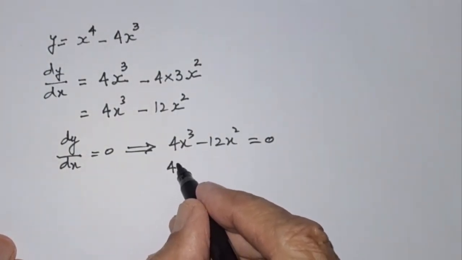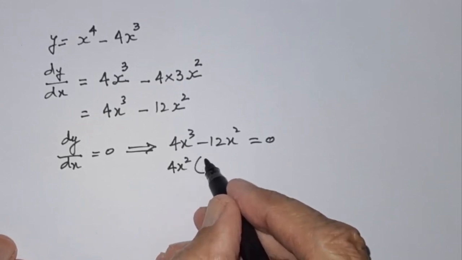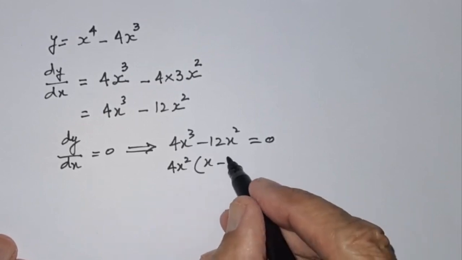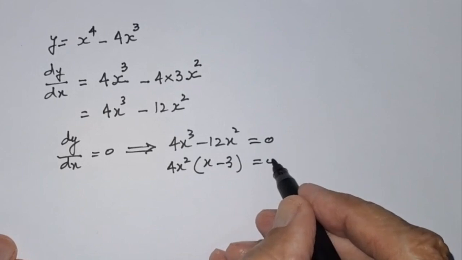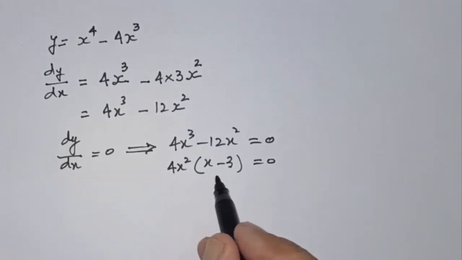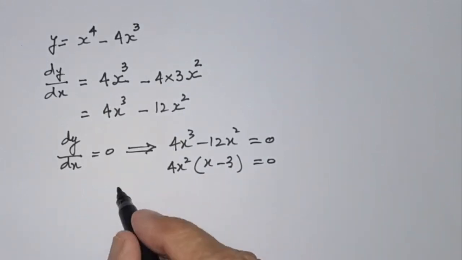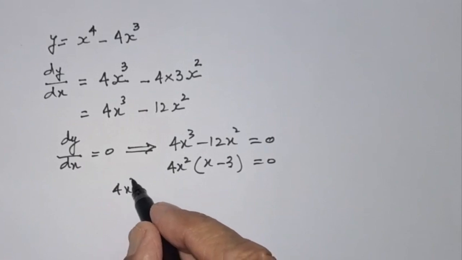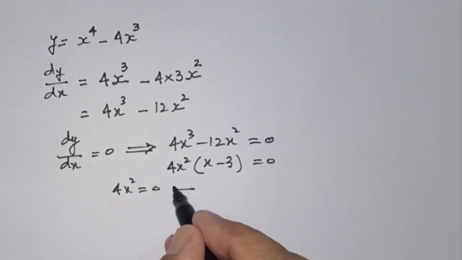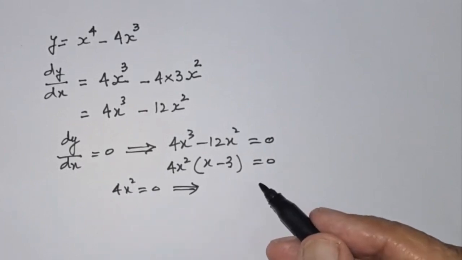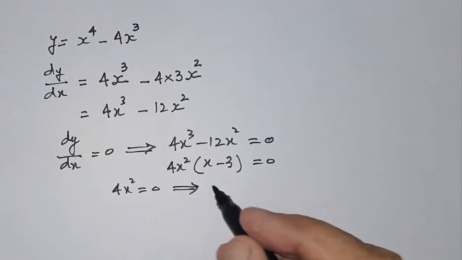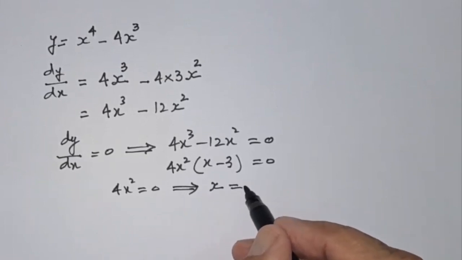So taking out 4x square common, we are left with x minus 3 equal to 0. Now looking at this, we know that either 4x square is equal to 0, means 4 is not 0, so x square is 0, that means x is equal to 0.